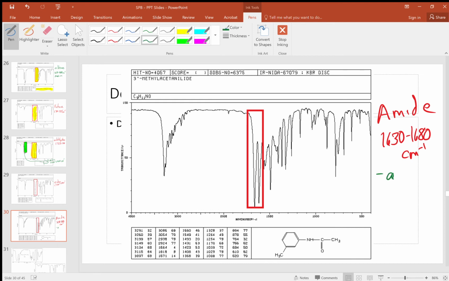One is the amide, being a carbonyl, is generally strong, whereas the alkene peak is sort of medium in intensity. But also, and we can see that here, many amines, but not all amines, many of them will give us two peaks.